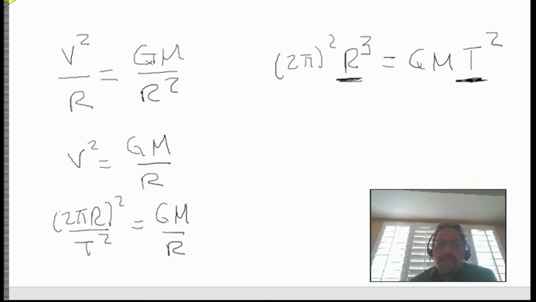So the radius and the period have this power relation. R cubed is proportional to T squared. This is known as Kepler's law.